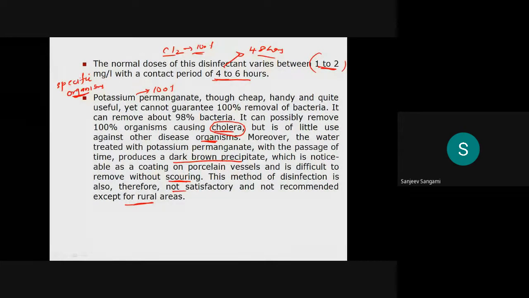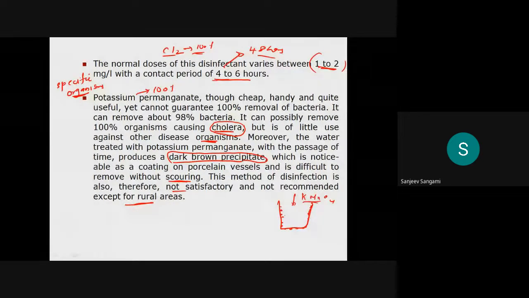As I discussed earlier, it is giving a residual color, which is a dark brown precipitate. For example, if you add KMnO4 to any of your vessels, then after treatment the color is going to be retained on the wall of that vessel.